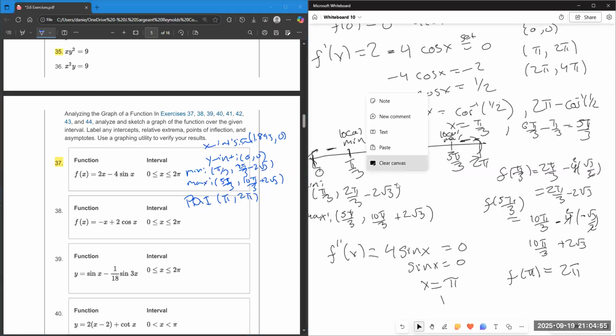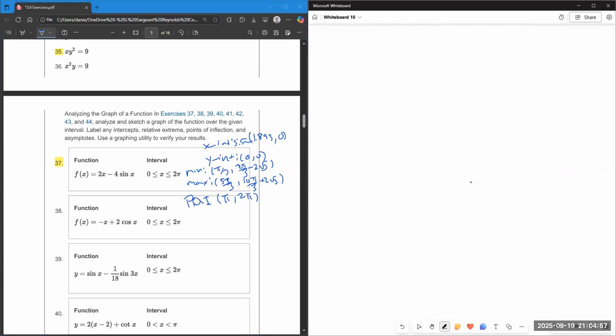All right, so there's all my work. I'm going to clear this to make the sketch now. I actually don't even need this side because it's restricted.